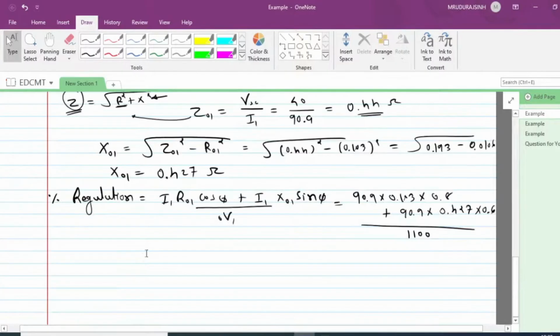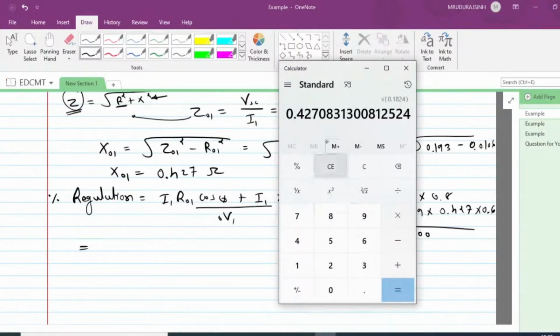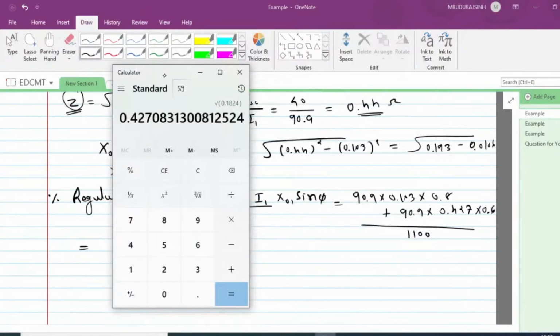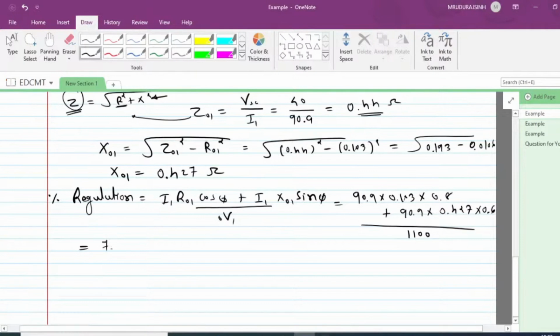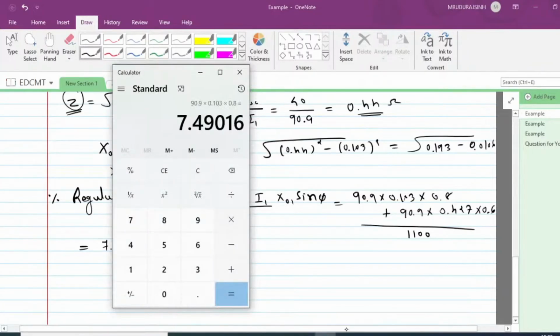So now our task is to calculate this thing. So let's solve this in small steps. First we'll calculate 90.9 multiplied by 0.103 multiplied by 0.8, and that gives us 7.49. So we'll take it as 7.5. Then 90.9 multiplied by 0.427 multiplied by 0.6 gives us 23.288.